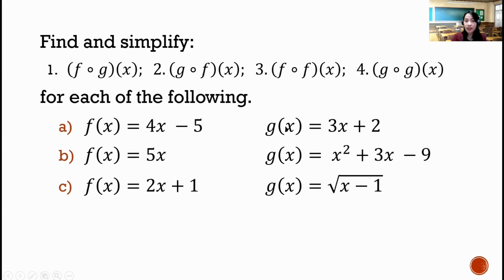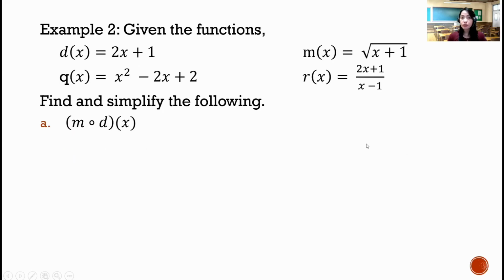So for letter A, you have to get the composite functions f of g, f of f, and g of f. Same with letter B. We have f of x equals 5x and g of x equals x squared plus 3x minus 9. You're going to find and simplify the composite functions f of g, f of f, and g of g. Same with letter C.